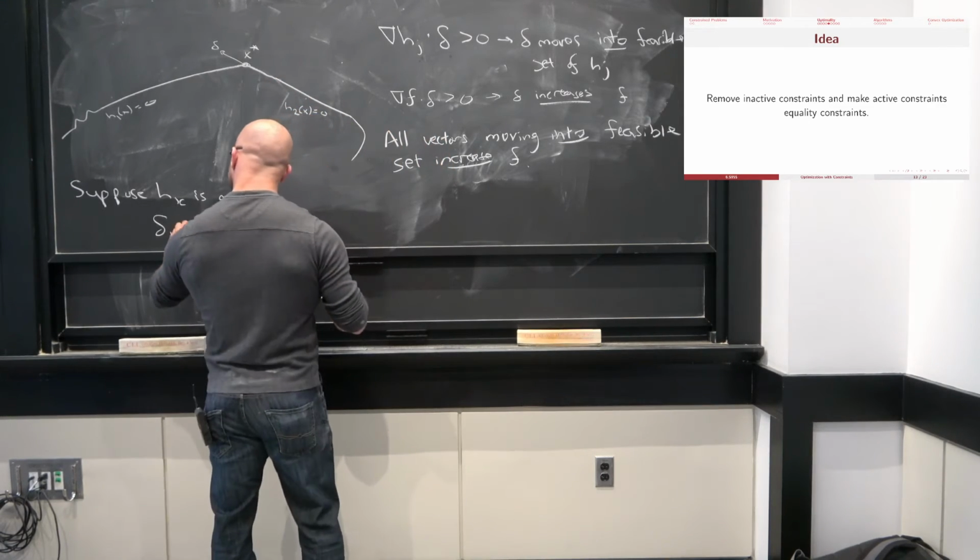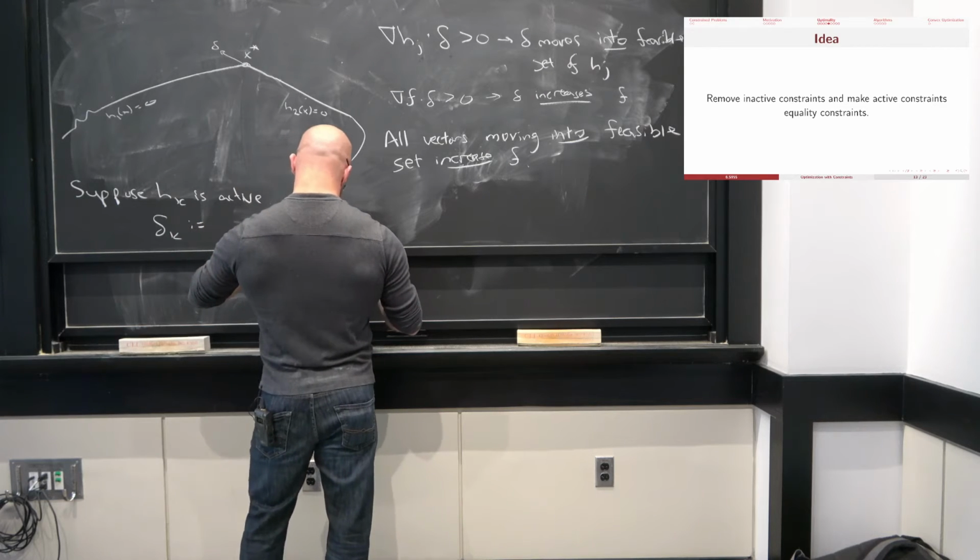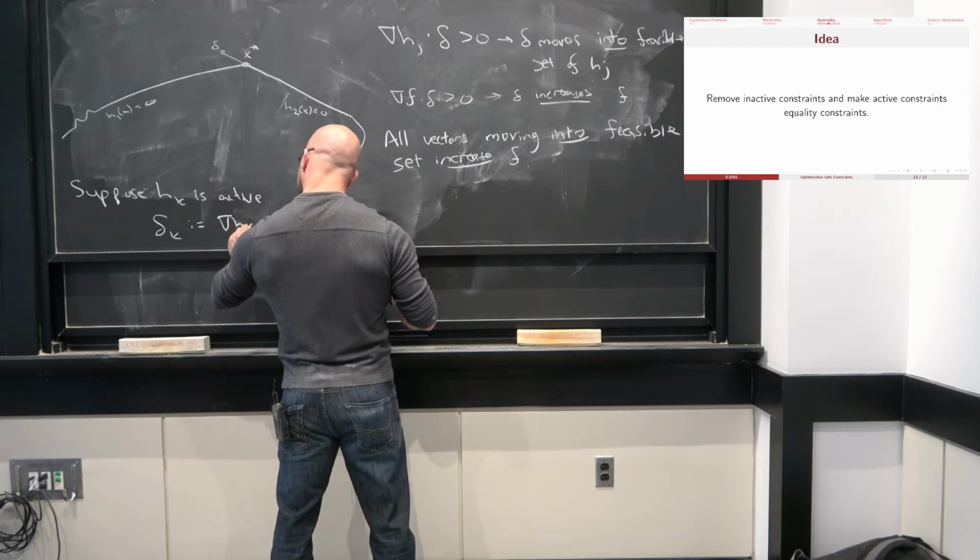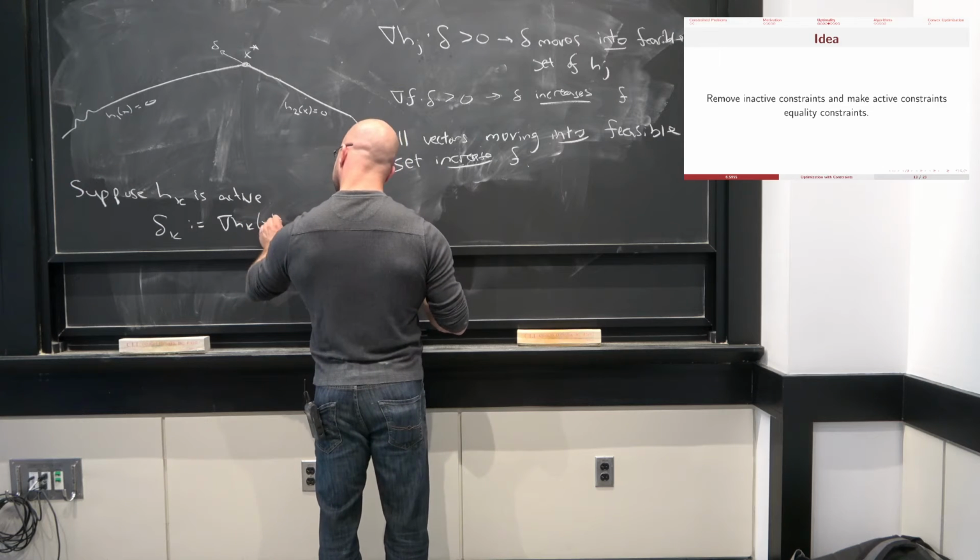So here's how I'm going to do it. I'm going to say delta k is equal to the gradient of h_k at x star.